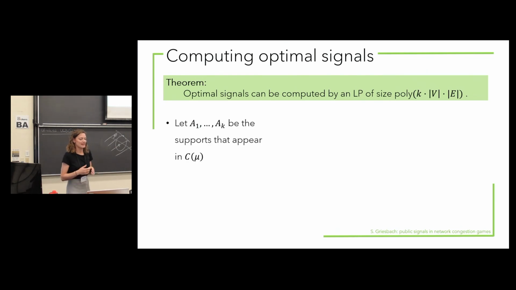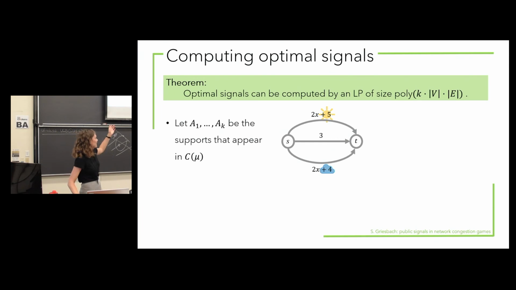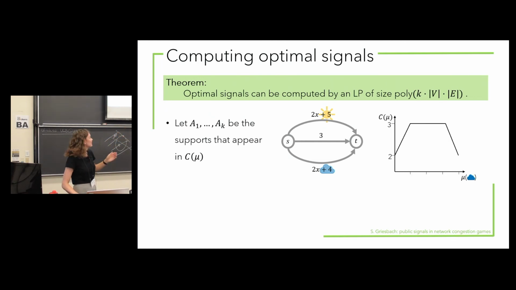So this K actually is the number of supports that appear in our cost function in equilibrium. So what do I mean by this? Well, in this example from the beginning, where we had the +5 for the sunny weather situation and the +4 offset just for bad weather, we had this cost function. Now if we knew that it was sunny, everybody takes the lower edge.